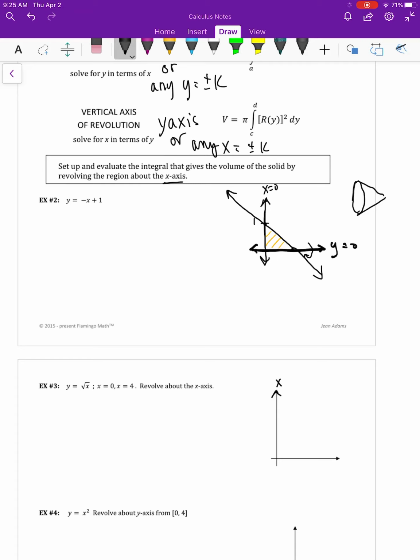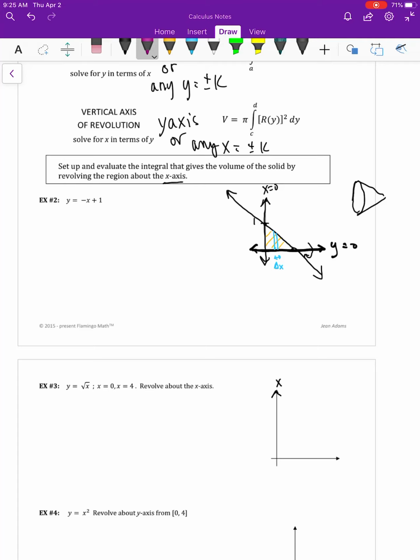We will be able to check this one with our formula, but we're going to use calculus. So here's our representative rectangle, and it's perpendicular to our axis of rotation. I want you to notice that the thickness of that is along the x-axis, and so that is a delta x. So I know that my integration is going to be in terms of x.